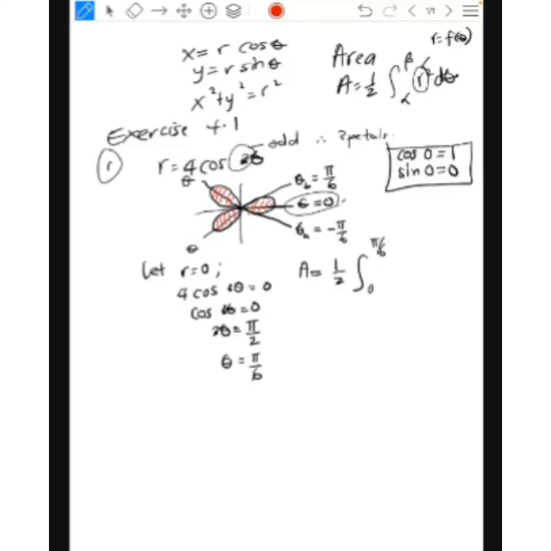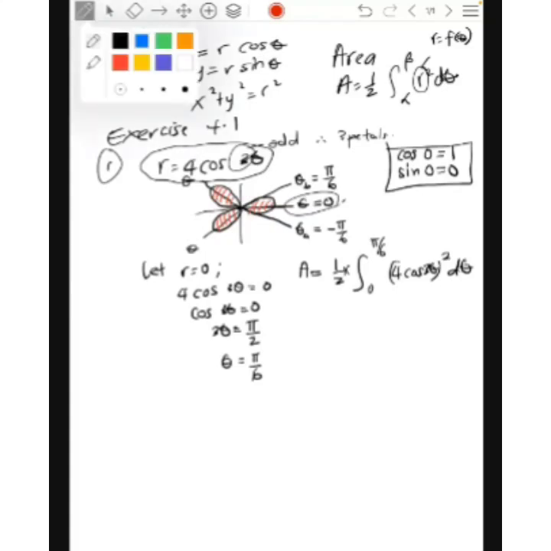And then your r here is this function, which is 4 cos 3 theta, squared, d theta. Okay, what else? You have to multiply with some numbers. Because if I take from 0 to pi over 6, it only calculates half of a petal, which is this one, the blue one. So I have to times 6 to get all the petals.